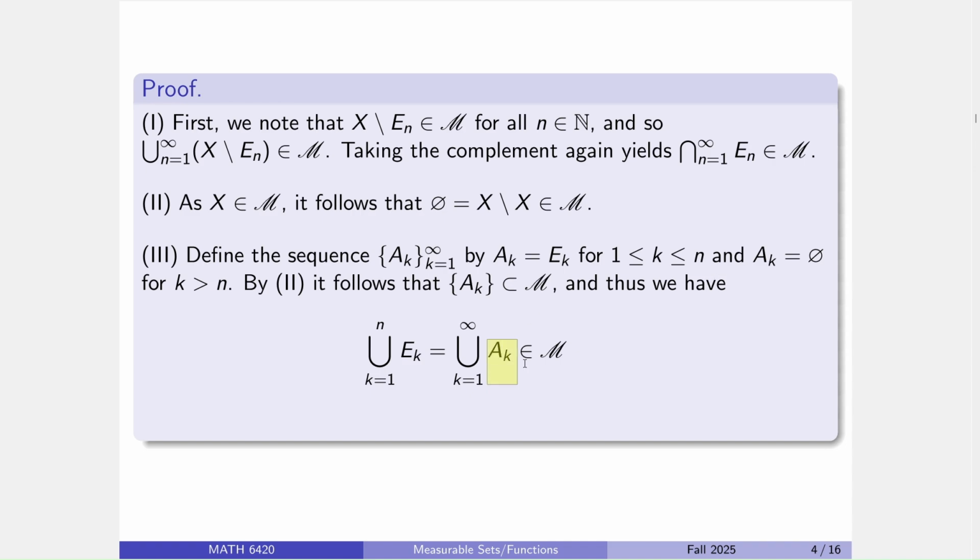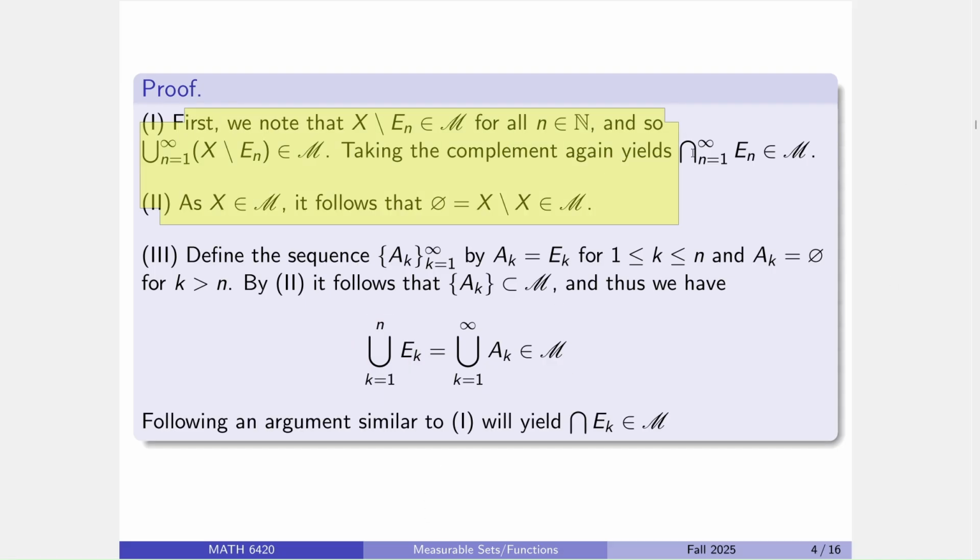And note that after n, we're unioning the empty set, so nothing is being added, and so we just end up with the finite union. Now that we know finite unions work, you can follow the same argument from point 1, where complementing and then complementing again will get you the intersection. Pretty cool. Or you can mimic a similar style proof here. Instead of using the empty set, you would use the whole space itself.